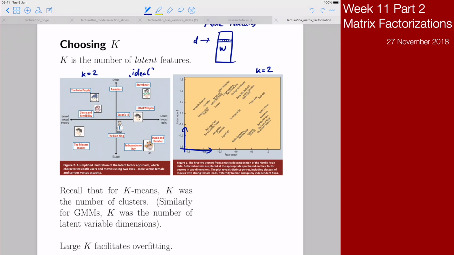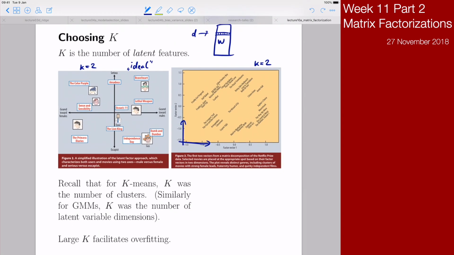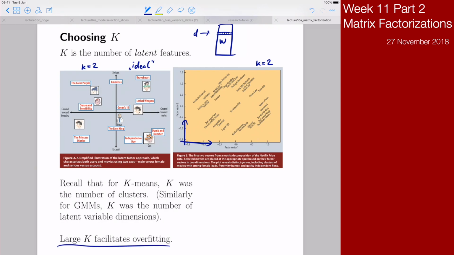So we have this overfitting problem again. That's what's written at the very bottom here. If you choose k too large, then you might overfit, which means you might get all the observed entries correct, but that doesn't mean you will be useful on the other entries, which are your test entries.